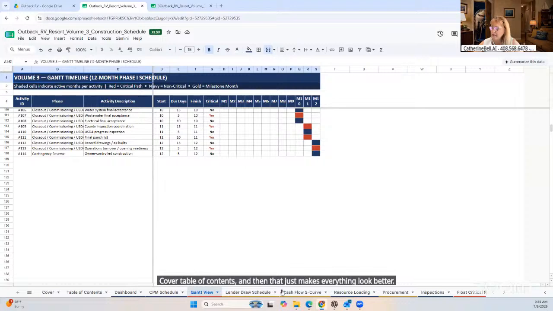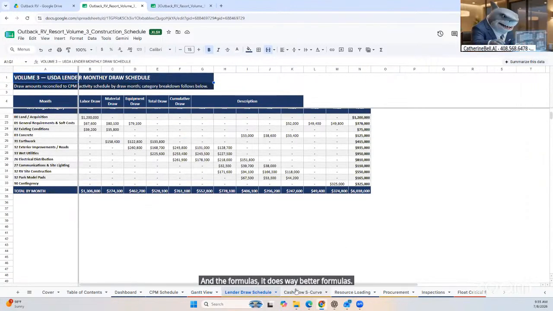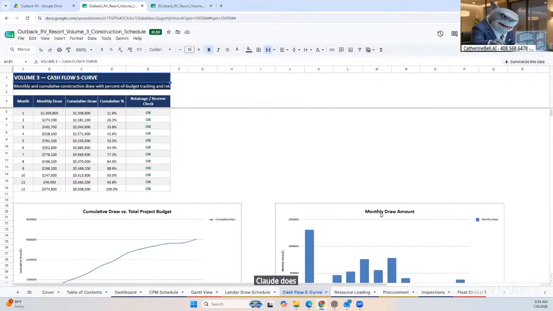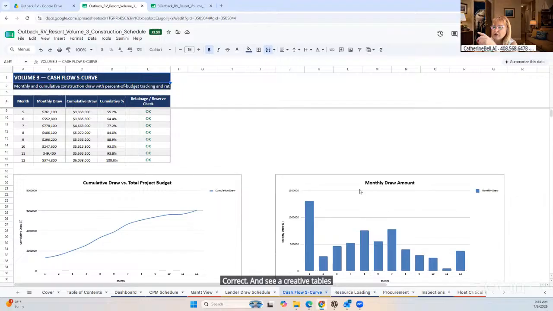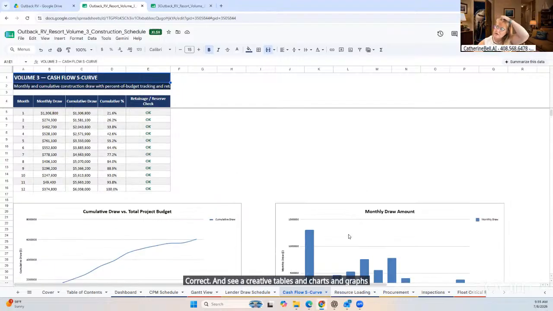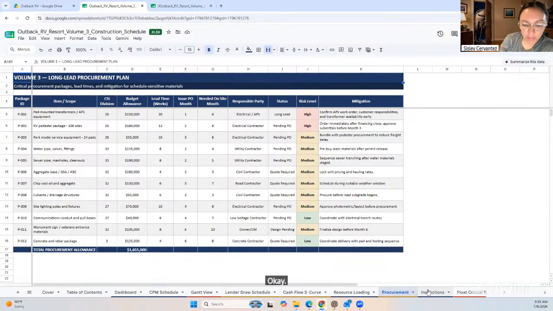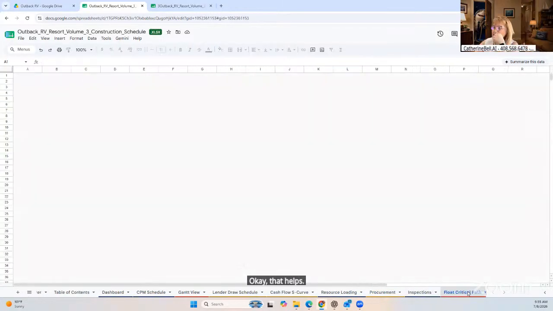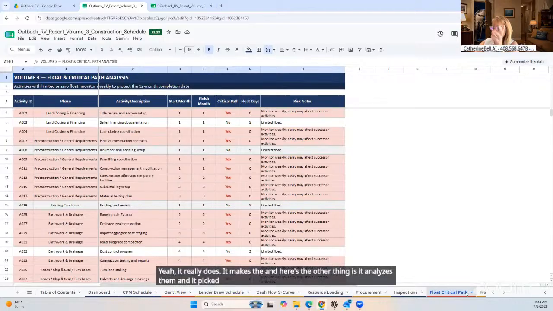And the formulas, it does way better formulas. Yeah, Claude does the formulas, and it created tables, charts and graphs. That helps. Yeah, it really does. Here's the other thing: it analyzes them and picked out some things that got missed and where the numbers were off.